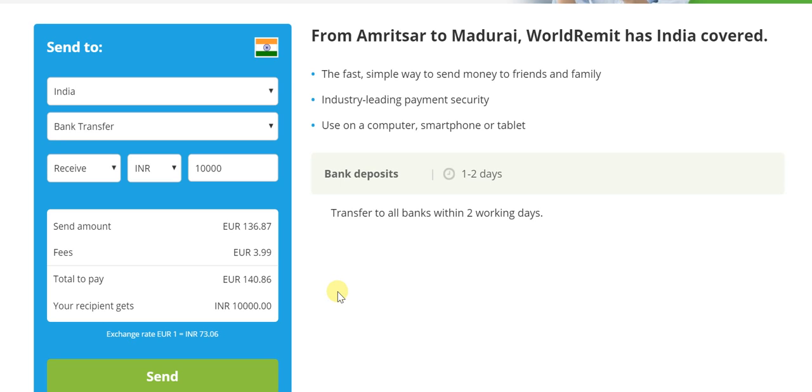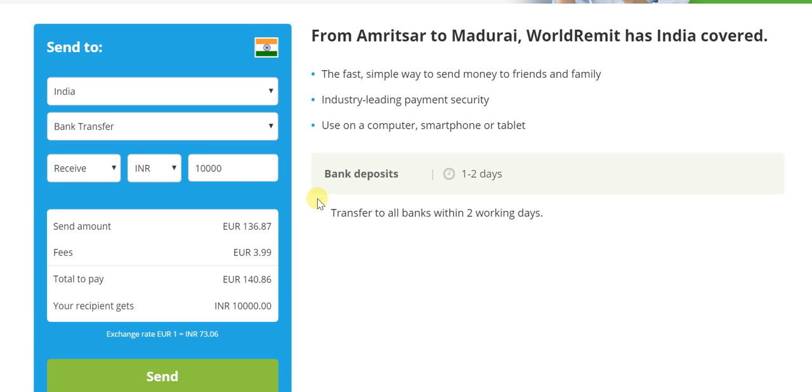Sometimes there are intermediary banks. The bank may not transfer directly to your bank account, but there might be an intermediary bank that might have its own fees, its own set of exchange rates, etc. There are various complications which WorldRemit looks to bypass.